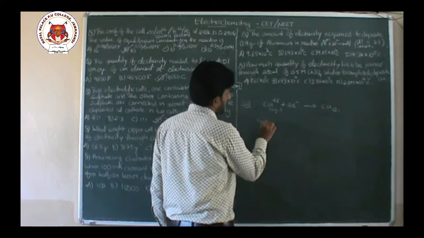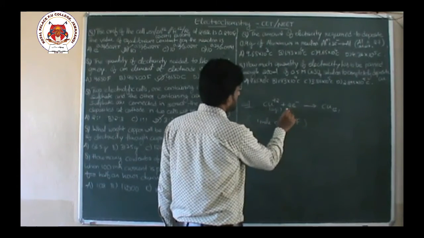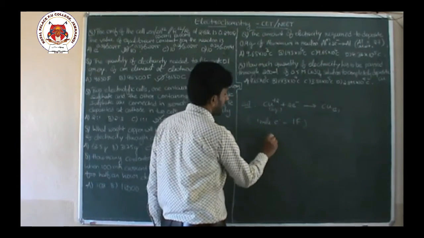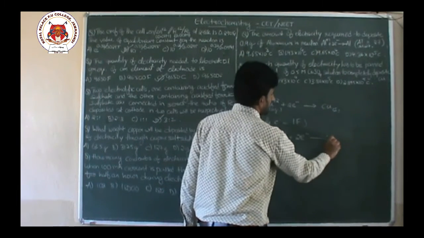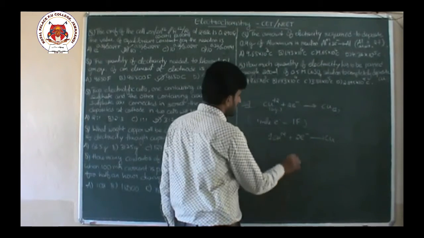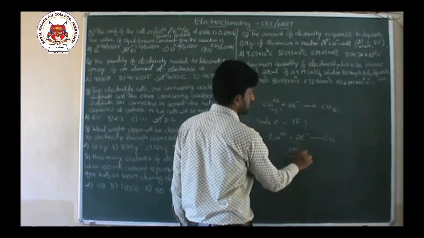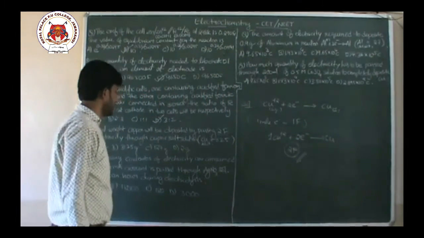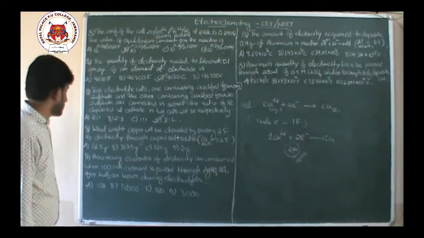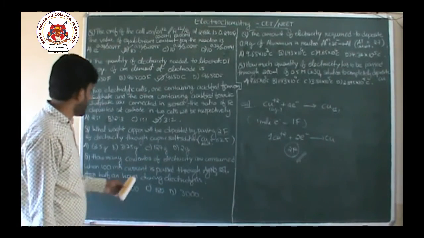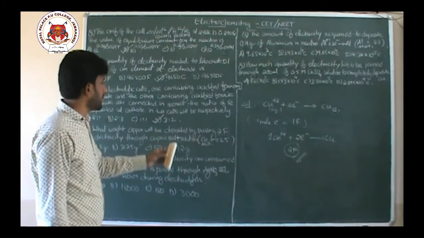Basically, 1 mole of electrons charge is equal to 1 Faraday. So for cupric salt, 2 Faradays is the total charge required. They are passing 2 Faradays, and they are asking the weight of copper that will get deposited.